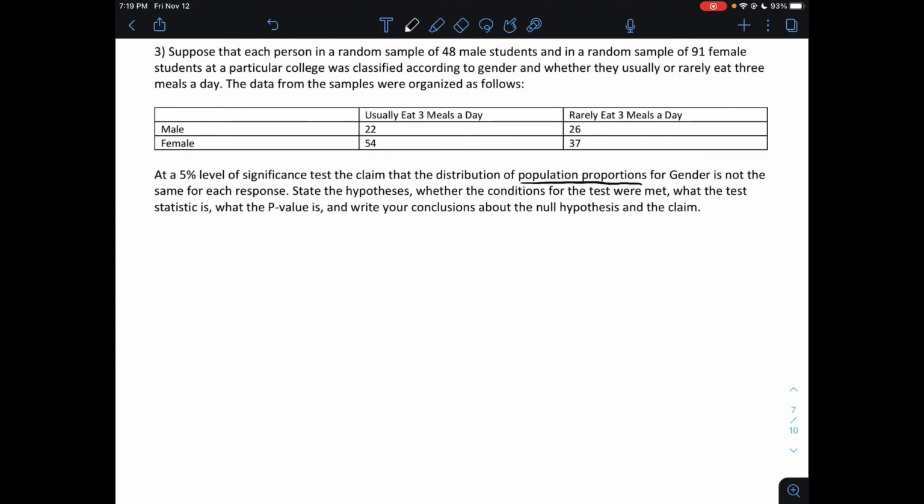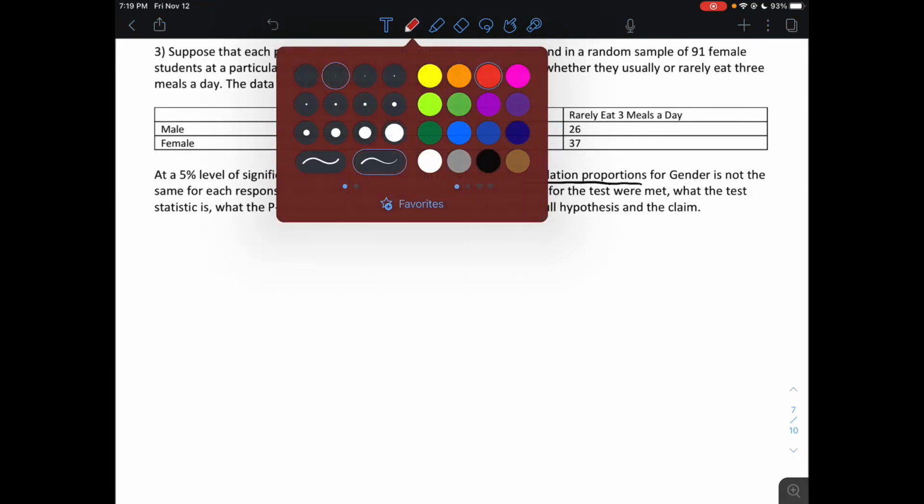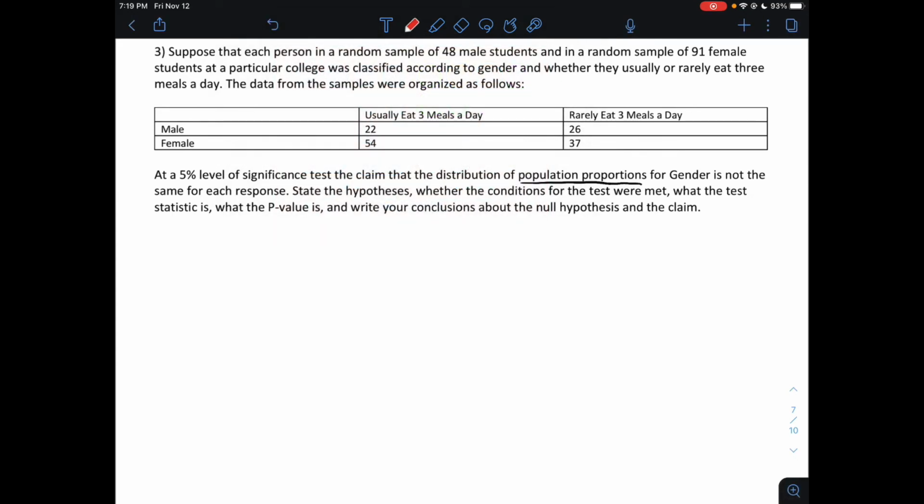So in this case, we're looking at what is called a test for homogeneity. And so we have some very specific hypotheses for those. You can see these in Unit 9.4.